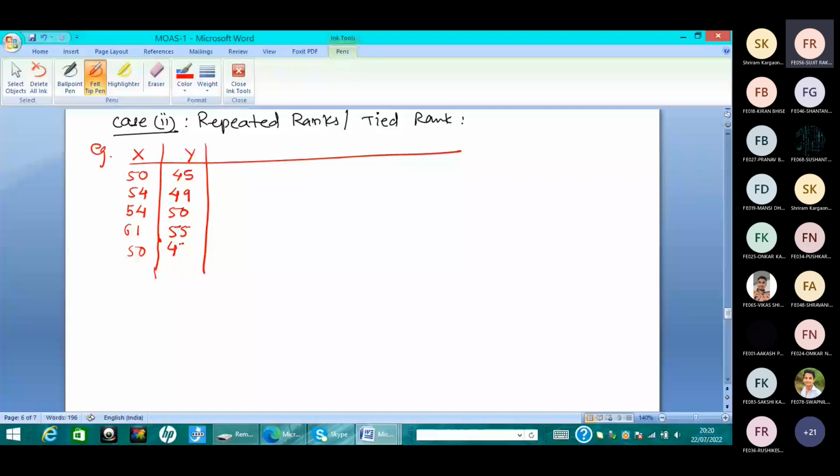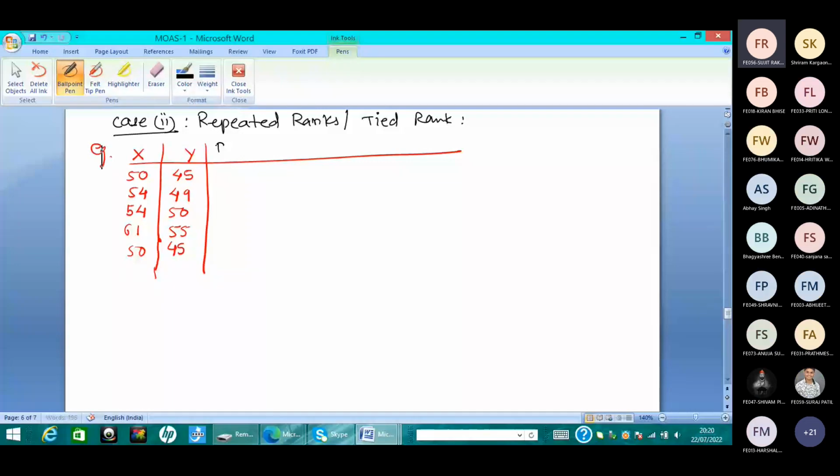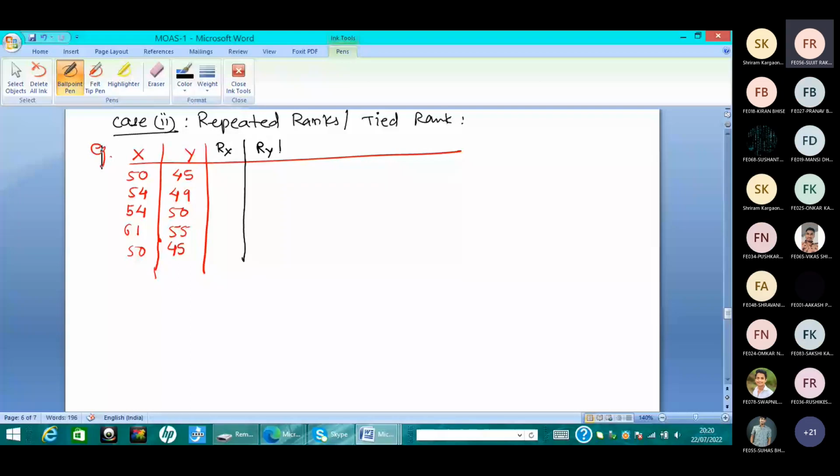Now again I'm finding the ranks, and in this case I need to do some homework, right? I arrange all the values of X here in the order in which I want to give the rank.